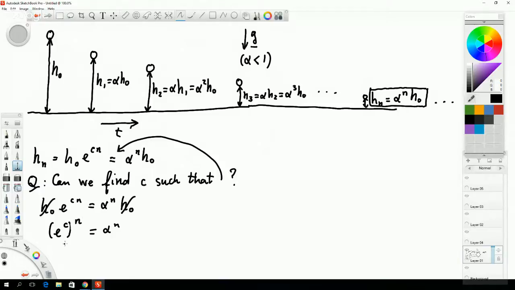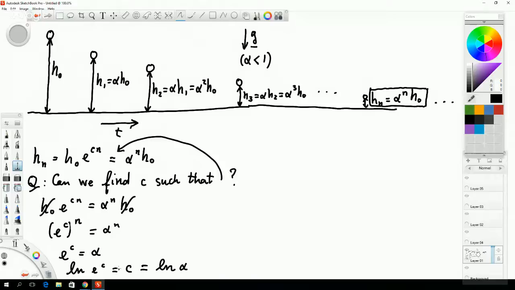Okay, which means that now I can take the nth root of both sides and just get that e to the c equals alpha. So how do I get c from this? Well, I just apply the natural logarithm. Why? Because the natural logarithm of e to the c is just c, because the logarithm undoes the exponential function. Therefore, c equals, applying the logarithm to the other side, natural log of alpha.